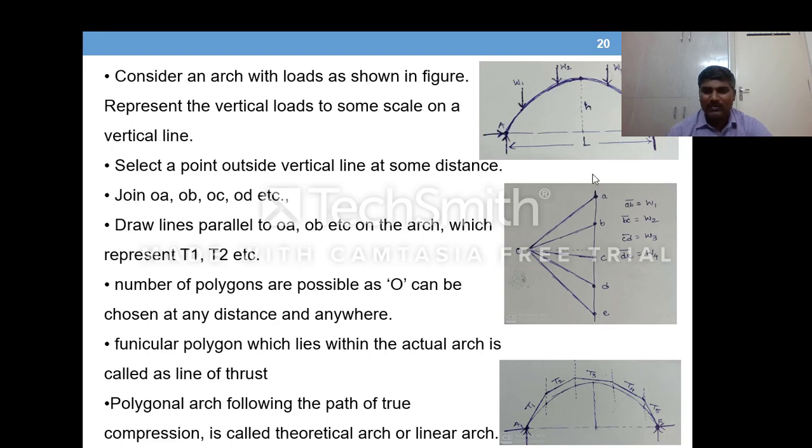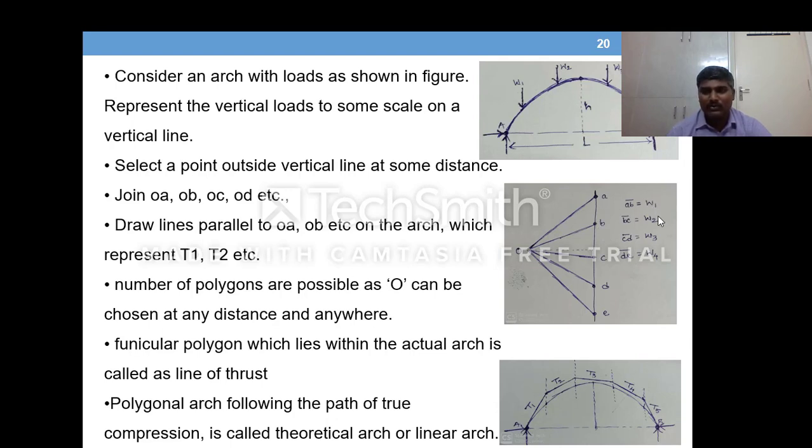So you draw a vertical line. For example, load W1, say it is 100 newtons. So the length of AB is scaled such a way that it is 100 newtons. Means for example, 10 newtons is 1 centimeter. Likewise, you take some scale, draw W1.